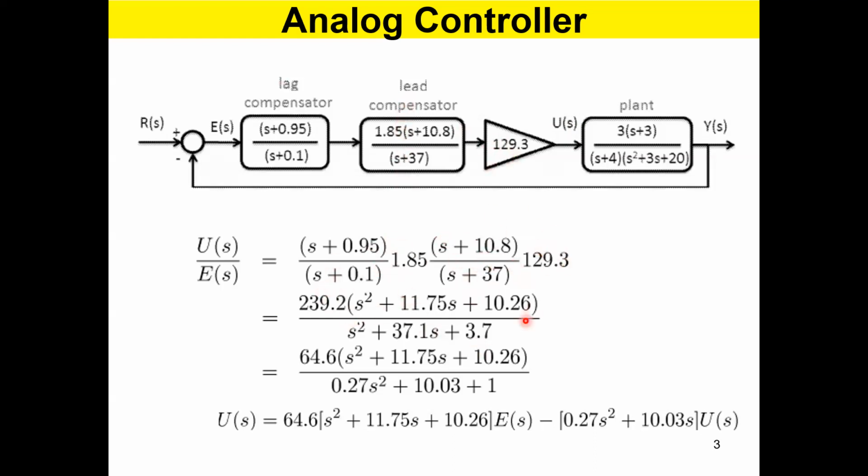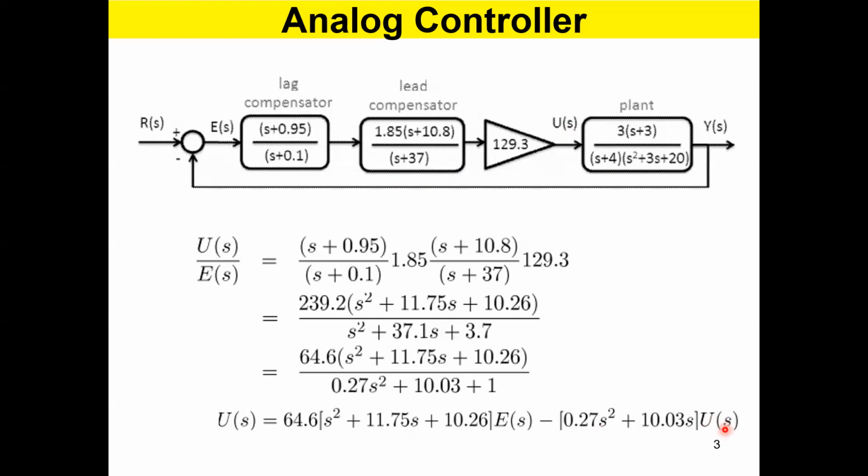Once you multiply all these things and spread it out in order to get U, the control signal coming out of the controller, as a function of whatever comes on the right hand side, which is basically the error and the control signal itself, right? You can see U(s) is over here, but U(s) is also over here.